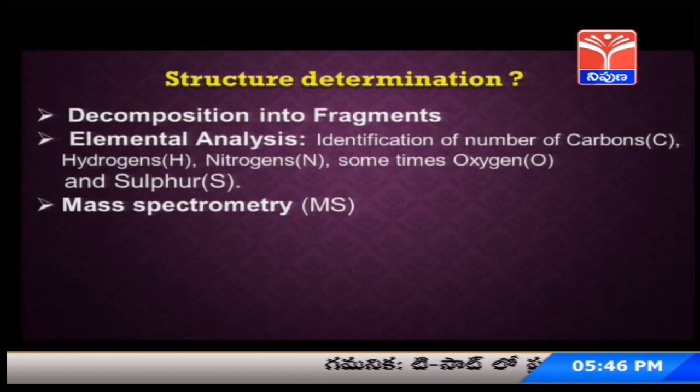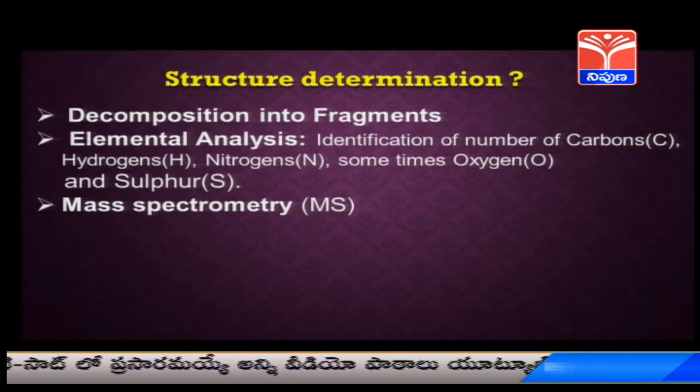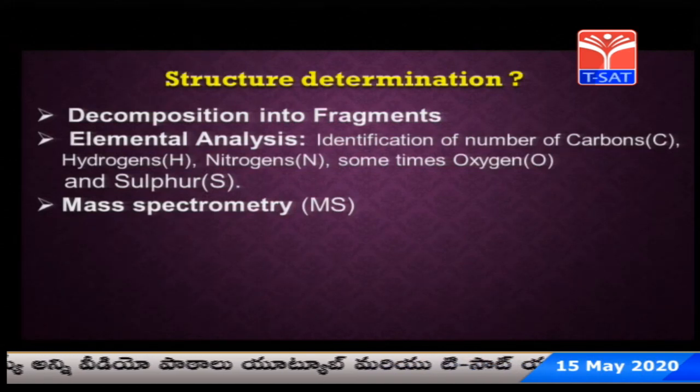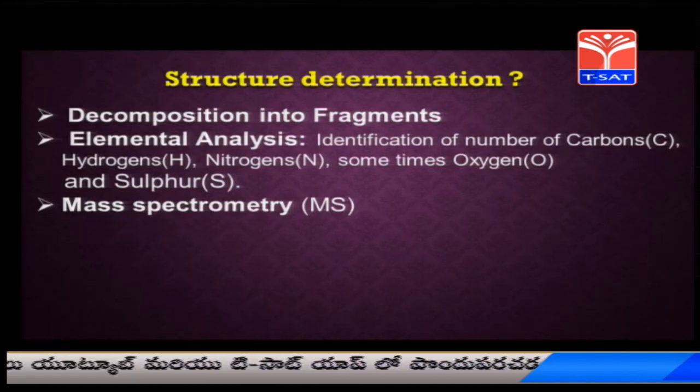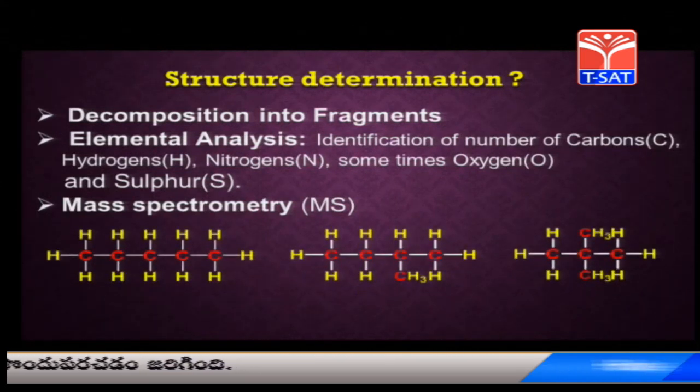Let me check out whether these methods succeeded in the structural determination of organic molecules. On the screen you are able to see 3 molecules. If you observe, each molecule contains same carbons and same hydrogens, 5 carbons and 12 hydrogens.